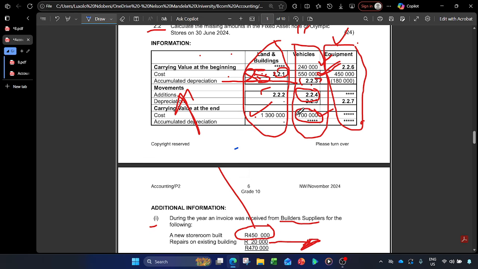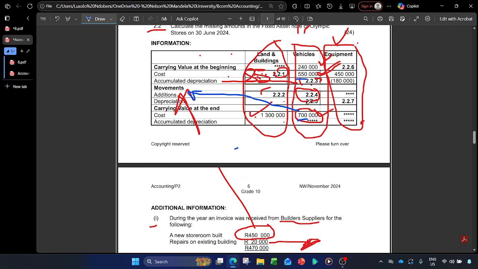That means there was an addition of a vehicle bought during the year. You can just know that without even calculating. We already know by looking here it's 700,000, but at the beginning it was 550. So that gave us an indication that we added another asset here. If it decreased, that means you sold another asset, but I don't think that one is covered in trade 10.